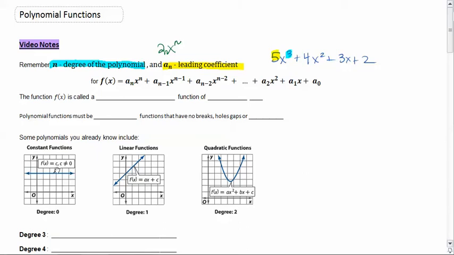So a function like this we can call, above we have f of x equals a sub n x to the n plus a sub n minus 1 x to the n minus 1, and so on until you get to a sub 2 x squared plus a sub 1 x plus a naught, or a 0.